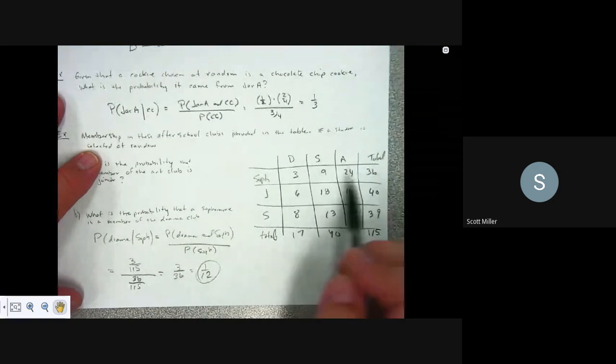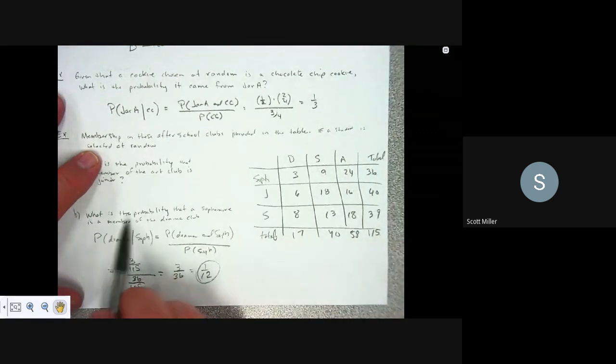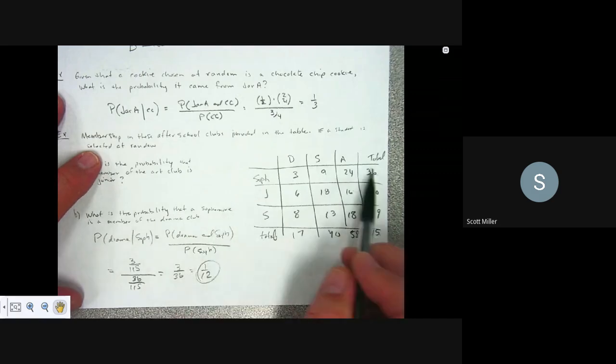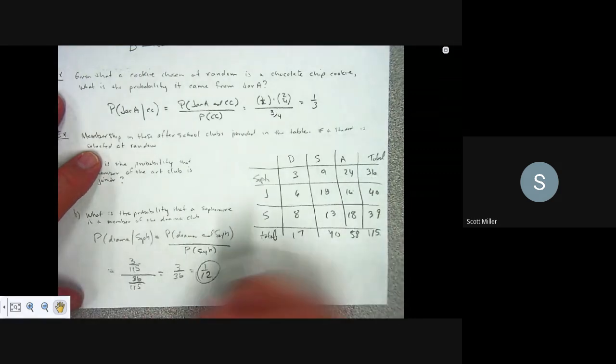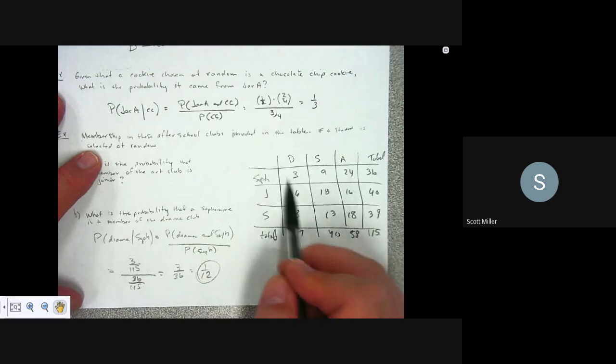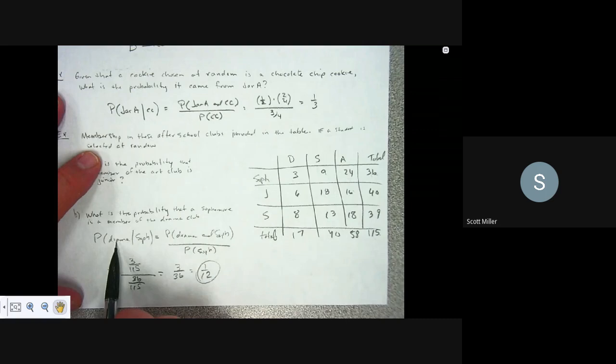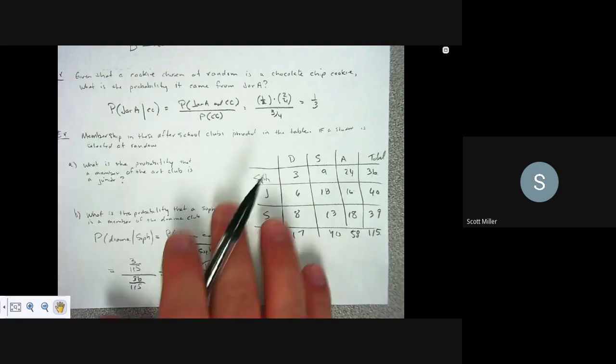And so we get the 3 out of the 115 total students over 36 out of the 115 total students, which gives me the 3 over the 36, which is 1/12. So we've chosen a sophomore, and in the drama club, there are 3 sophomores in drama out of a total of 36 sophomores. Probability that you are in drama, given that you are a sophomore. Okay?